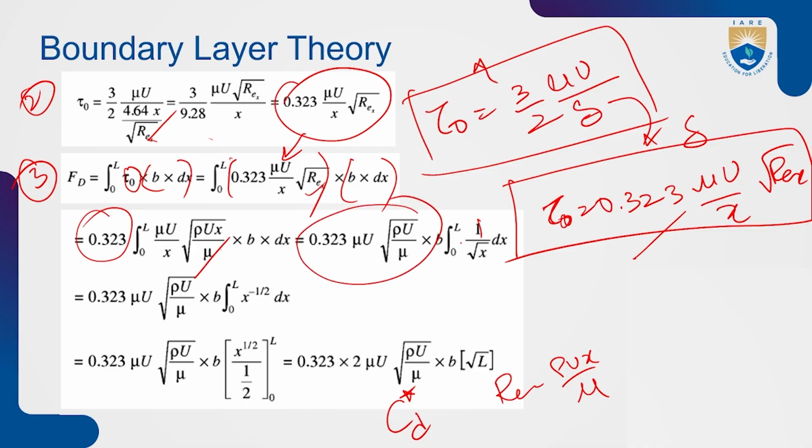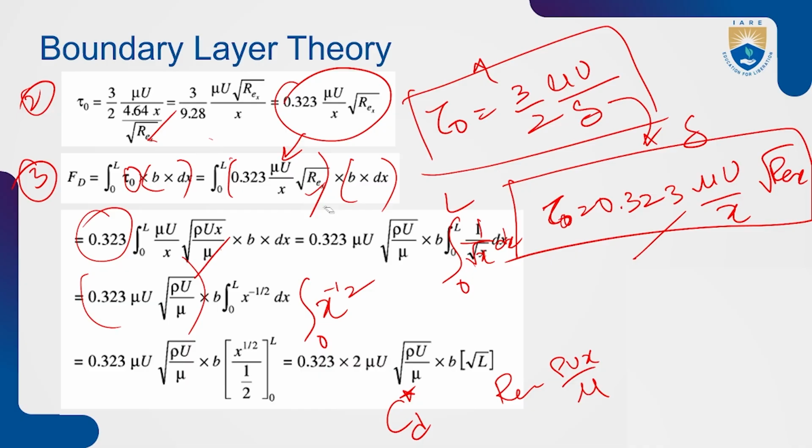I am splitting here and taking all constants before the integration. I need only the 1 by delta x dx integration term, 0 to L, and all other terms I have taken as a constant. So these are the constant terms, and this root x, when you take it to the numerator, becomes x to the power of 1 by 2. 0 to L x to the power of 1 by 2 dx.